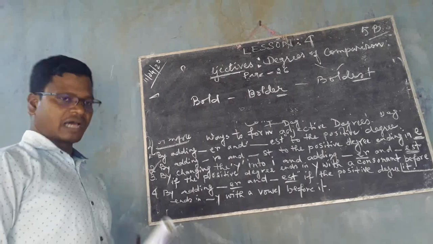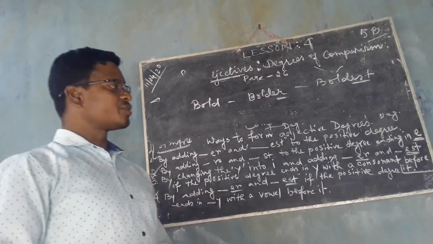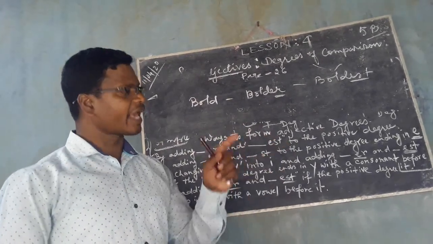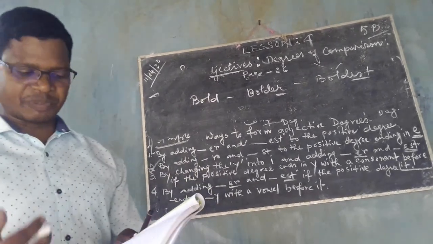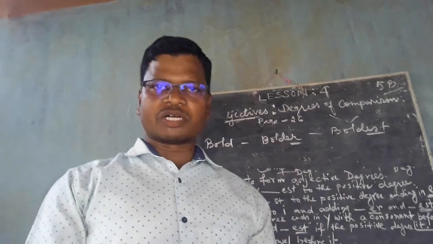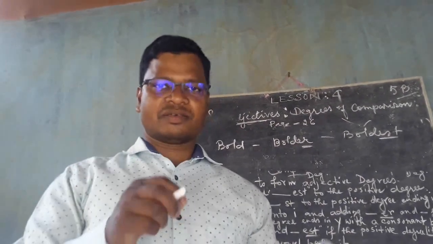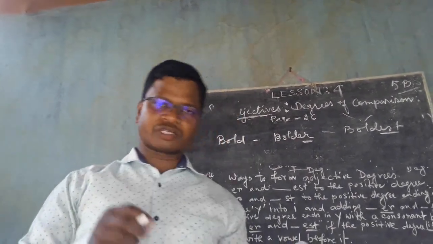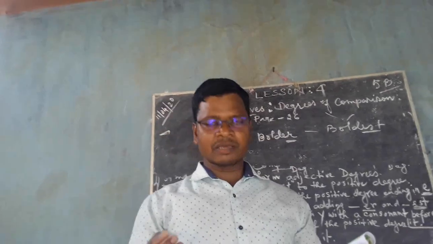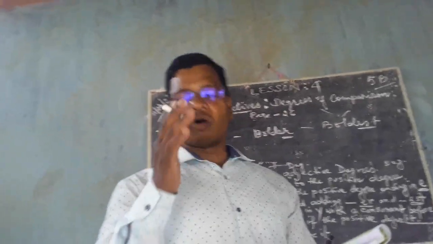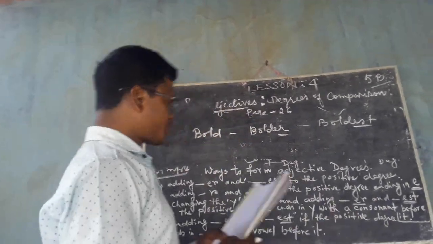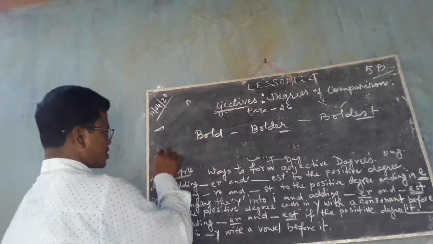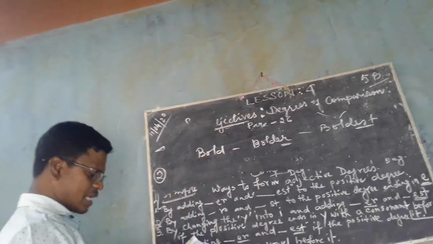By adding r or st to the positive degree ending in e. So certain words we will be seeing, those words end in e. In case of words ending in e, we add what? Only r and st to the positive. Just for example, this is the second type of rule, just like brave.